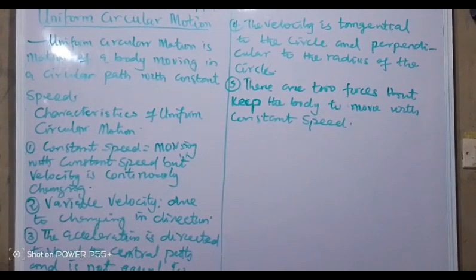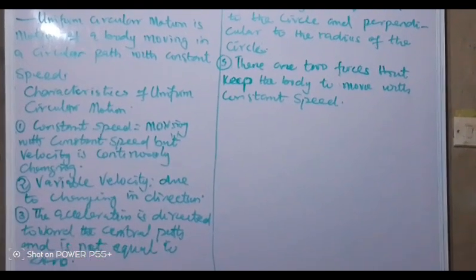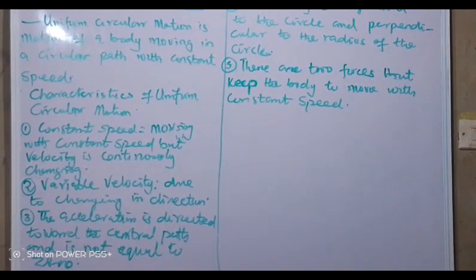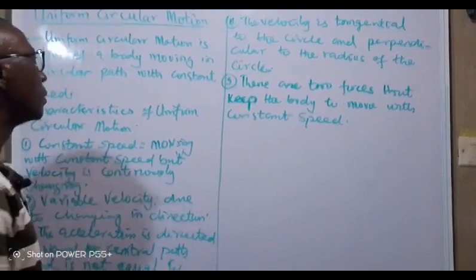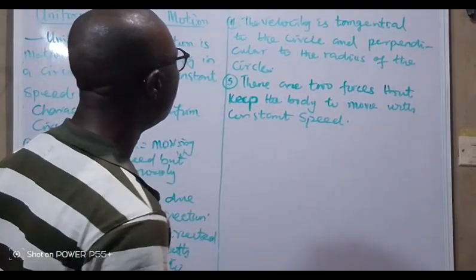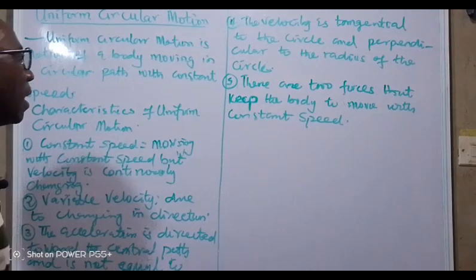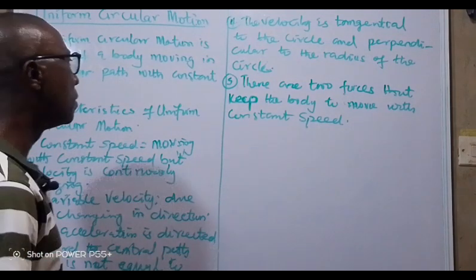There are 5 possible characteristics of uniform circular motion. As I said, 1, it will move with constant speed, but the velocity will be continually changing. 2, it has a variable velocity due to a change in direction. 3, the acceleration is directed toward a fixed point or toward the central part and is not equal to 0, unlike the case of linear motion. 4, the velocity is tangential to the circle and perpendicular to the radius of the circle.